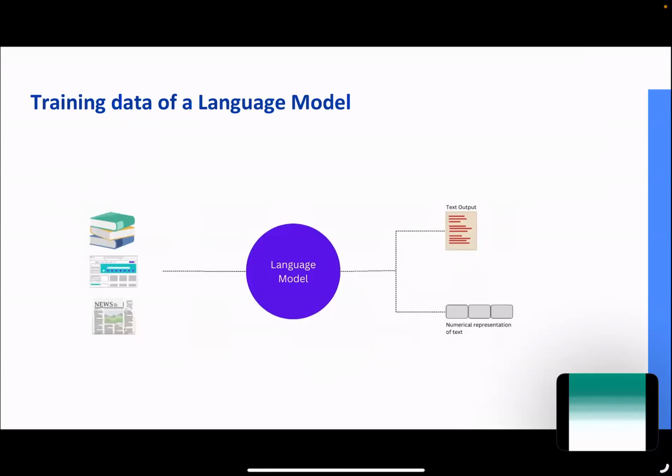So what would be the training data set of a language model? Language is like English or Urdu or Spanish. The data set would be different books, text data, newspapers, and a large amount of internet resources. All this data we give to the language model, and then we can perform question answering from the trained model.